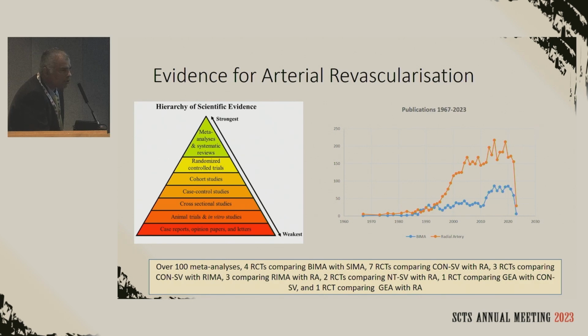There are 4 randomized controlled trials comparing BIMA and SIMA. There are 7 randomized controlled trials comparing conventional saphenous vein with radial artery. And there are lots of other trials comparing RIMA and radial. So essentially, if you want to know what the evidence is, there's lots of evidence out there to prove that arterial revascularization is something that should be offered to our patients because it's beneficial.